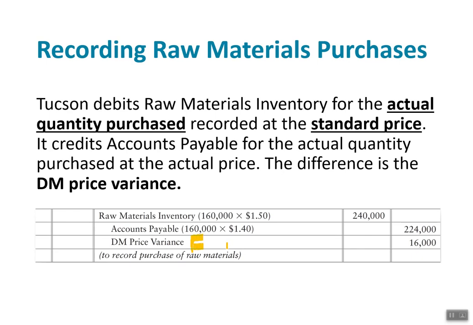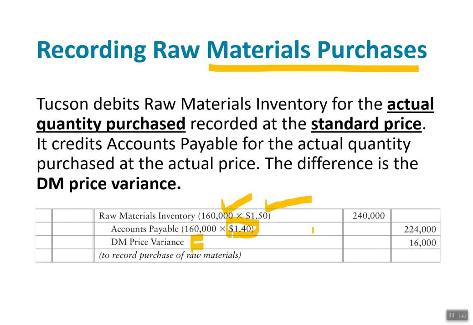So you can see here that in this case, we're going to record the purchase of raw materials, and that's going to be calculated by taking the quantity times the standard for the debit. The accounts payable is the amount we actually paid, the actual quantity times the actual price, and then the difference of the two is made up with the variance.